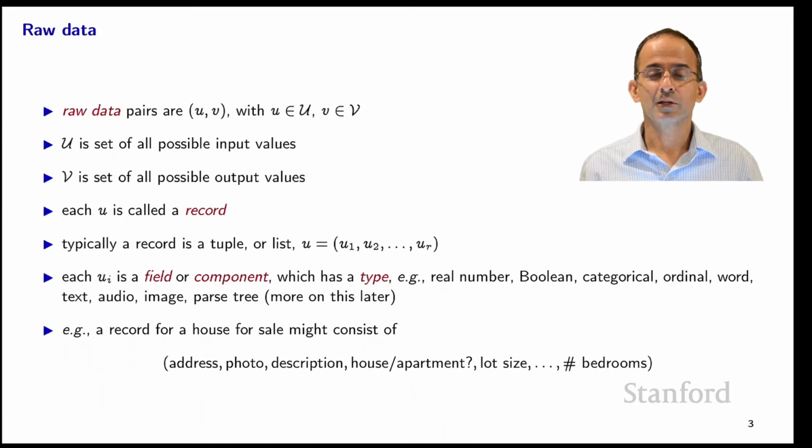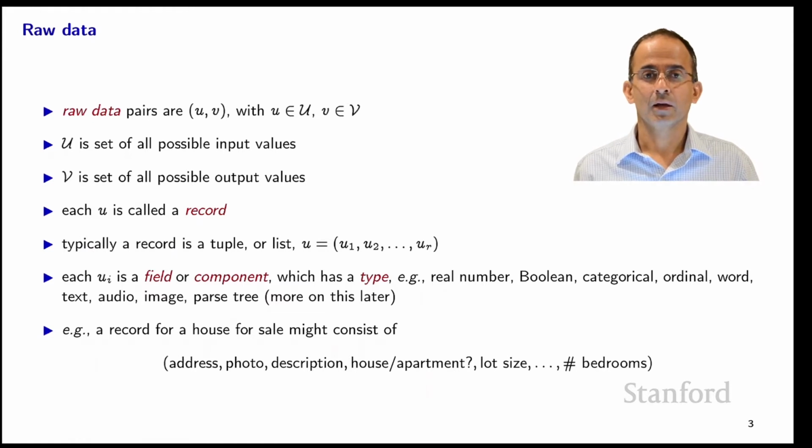Notice that each of these fields of the description of a house has a type. So address, well, that might be text, or we might be a little bit more precise about what an address is. It might have a street number and a street name and a city and a county. We might have GPS coordinates for the location of the house.